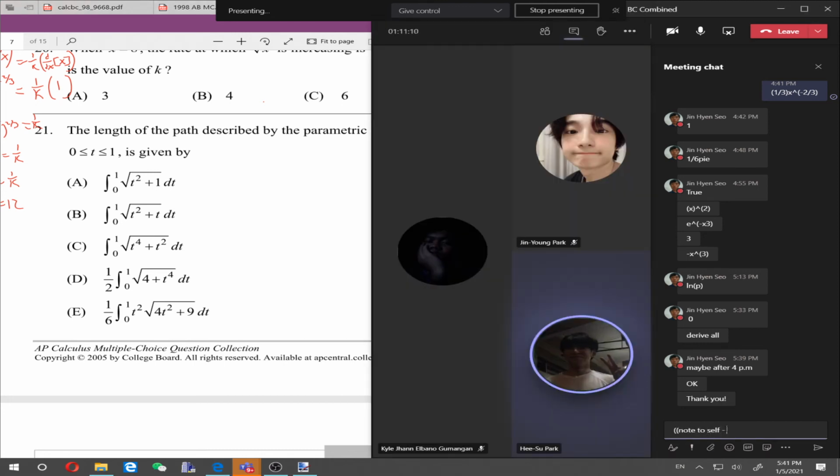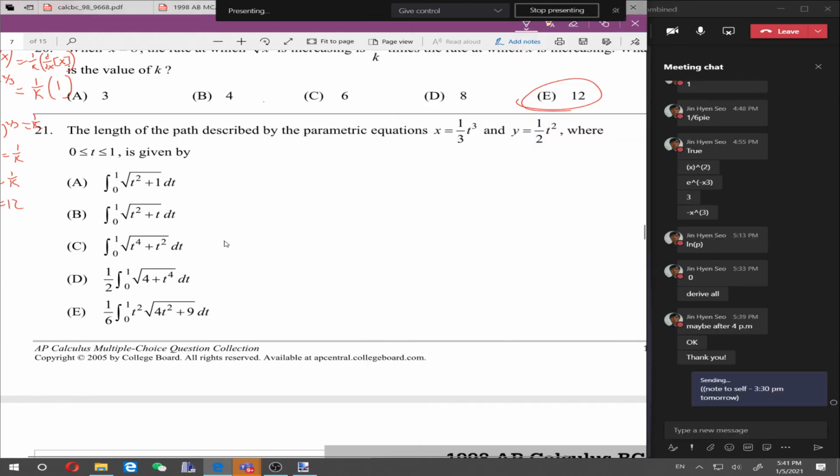I should get dx over dt and dy over dt by deriving both equations. Okay, so if I derive the first equation, what's going to happen? dx over dt is t squared, and dy over dt is t.